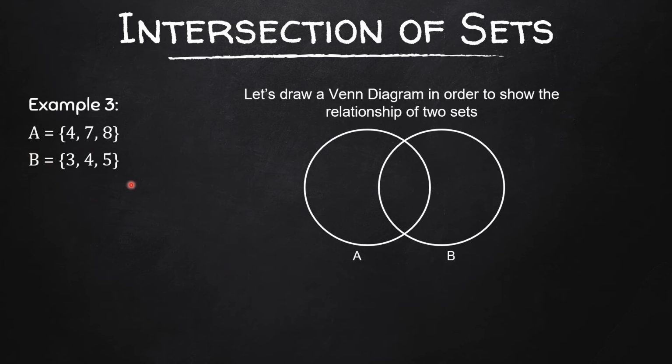First, we will get the common element, which is 4. We will put it in the middle, and the rest of the elements of set A should be on the left side, and set B on the right side. Now this shaded region represents A intersection B. So A intersection B is 4.